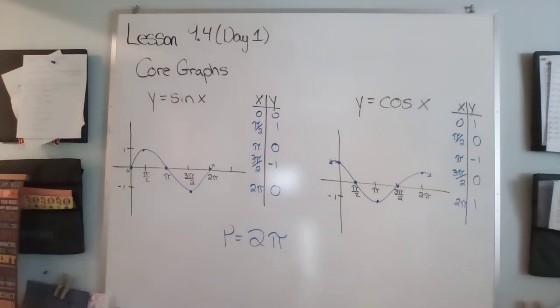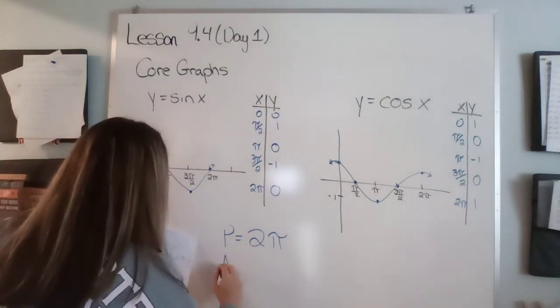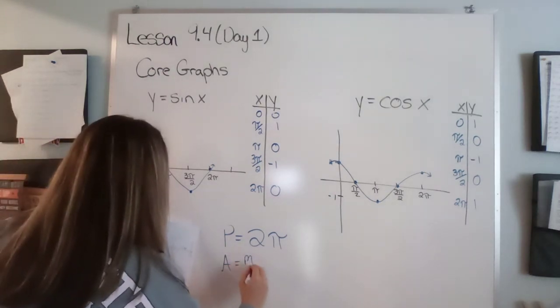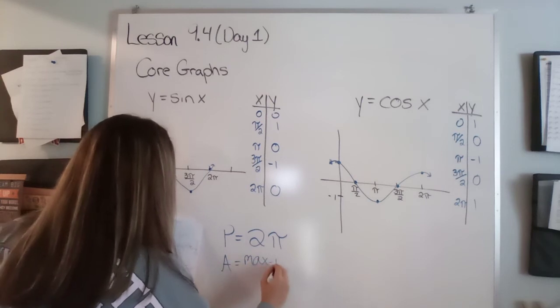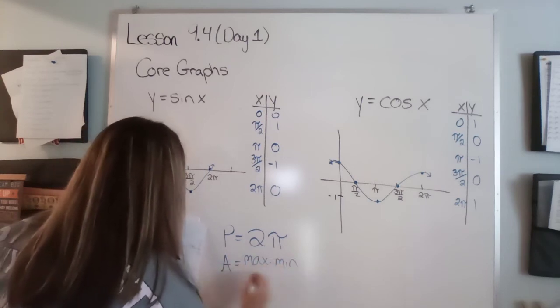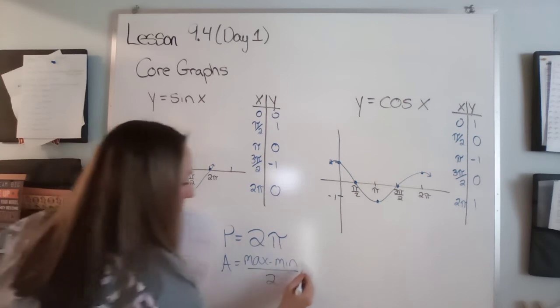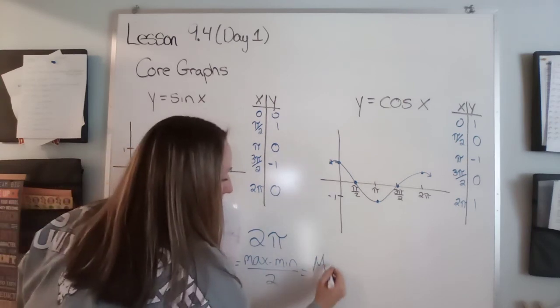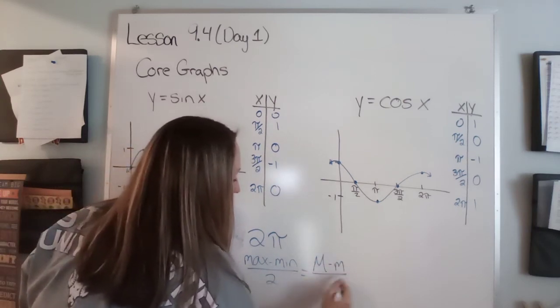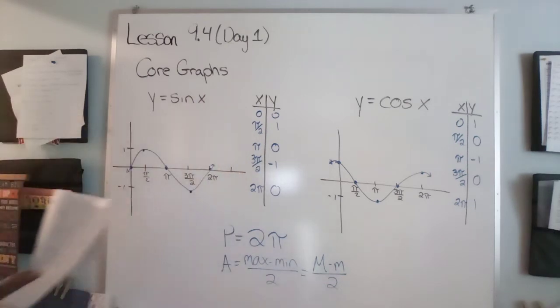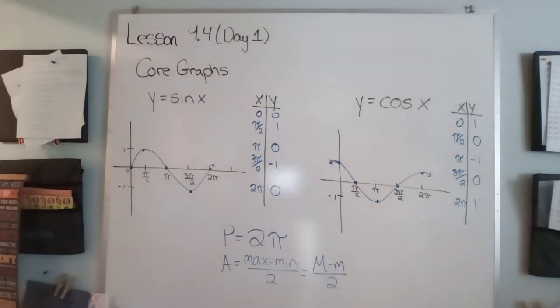Your amplitude can be found by taking the max minus the min and then dividing by 2. We also just write that as capital M minus little m divided by 2. All right. Okay, so let me write up the 2 functions that we're going to investigate today.